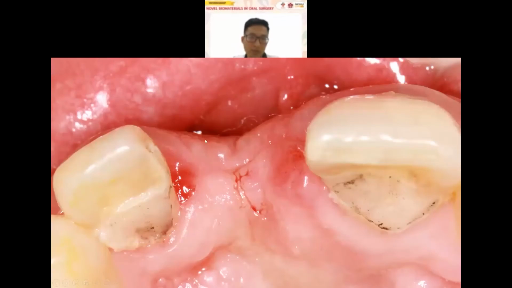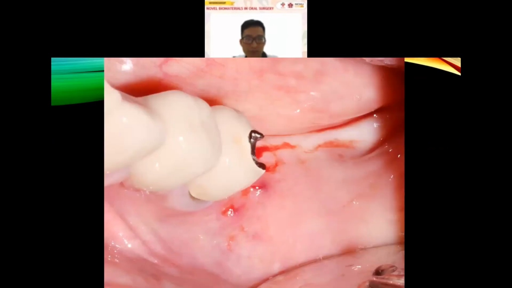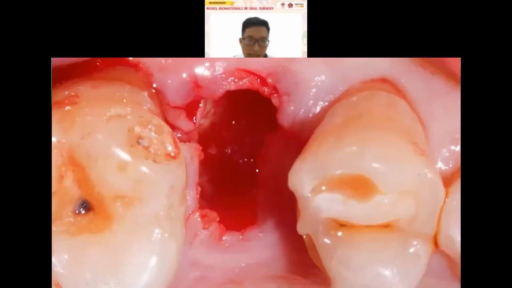If you have a buccal concavity and you want more volume, you have to make a soft tissue graft. If you don't have keratinized tissue, you have to make it to get more keratinized tissue, especially in the buccal area.